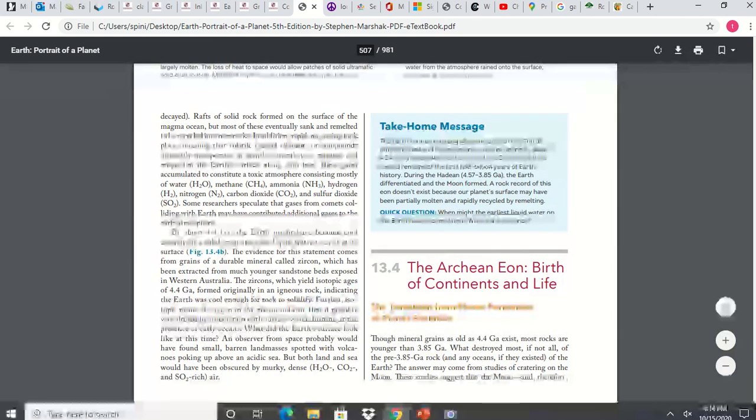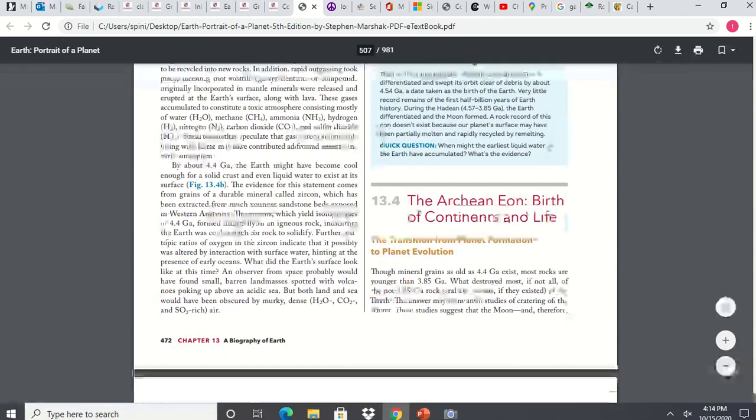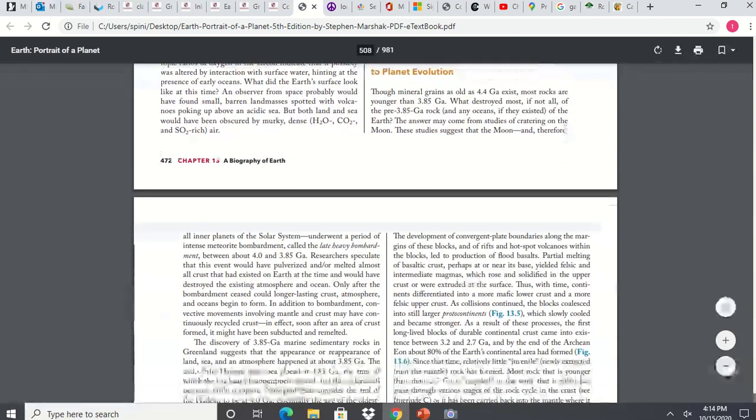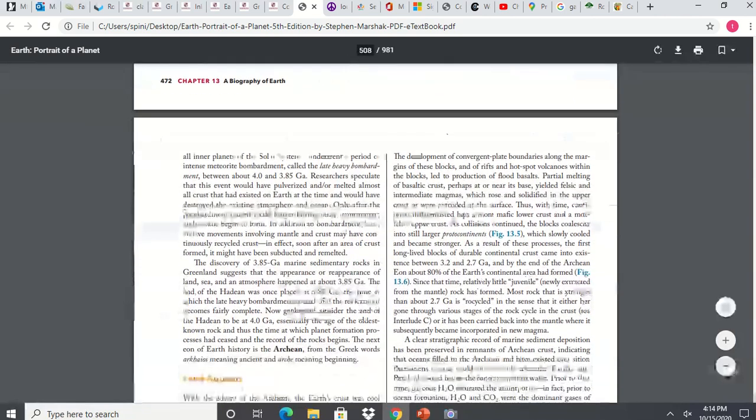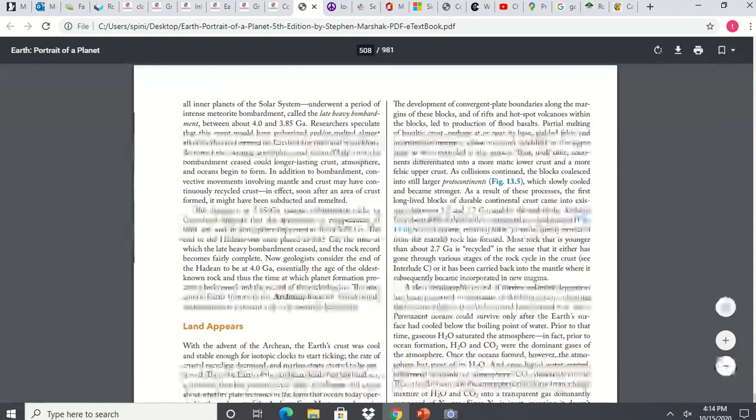Also, the next eon here, the Archean eon, is going to see the birth of continents and the beginnings of life. And so this is about 4.4 billion years ago that we begin to see, we talked about oceans, and now we start to see continents appearing. Continents, as we discussed earlier when we were talking about plate tectonics, are different.